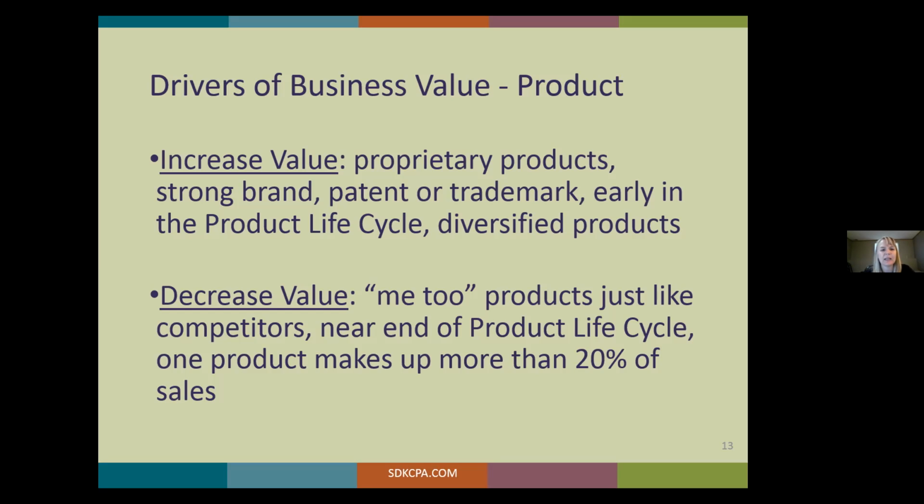On the flip side, products that have a lower value are Me Too products that are just like competitors, products near the end of the product life cycle, or if one product makes up a large percentage of your sales. So that again would affect the risk of the business.